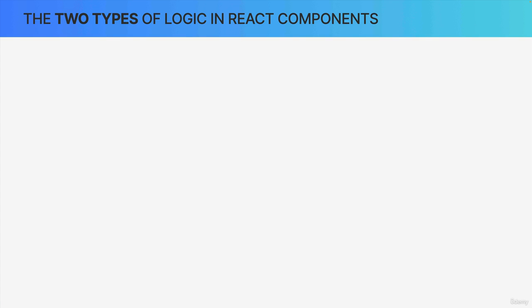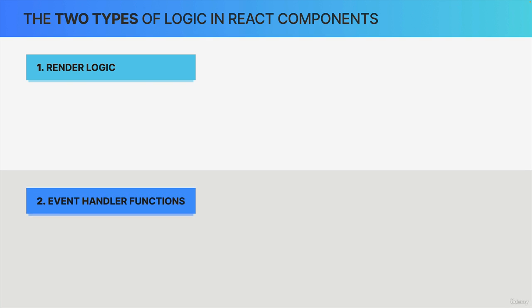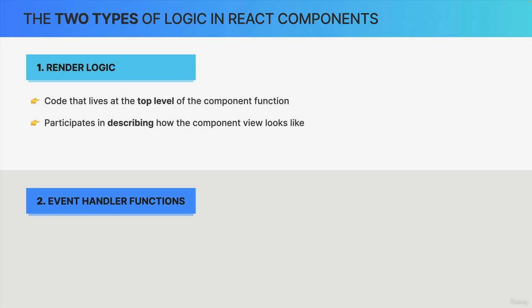Well, in order to understand that, let's actually take a look at the two types of logic that we can write in React components. So that's render logic and event handler functions. So render logic is basically all the code that lives at the top level of your component functions and that participates in describing how the view of a certain component instance should look like.